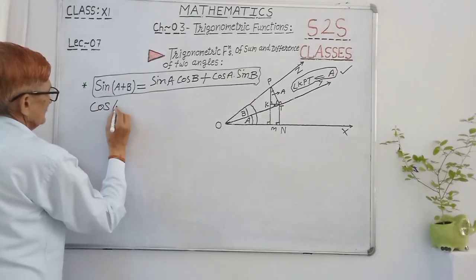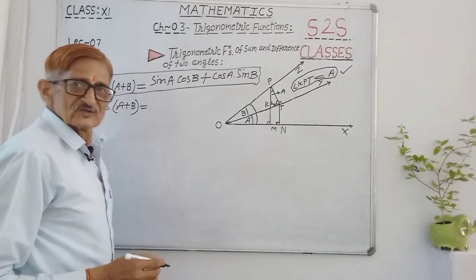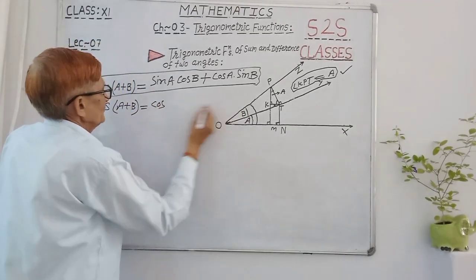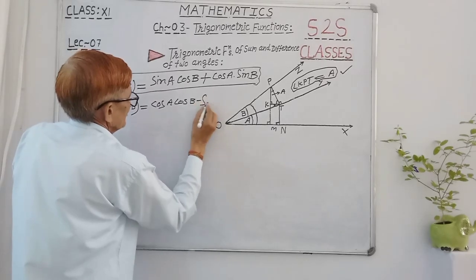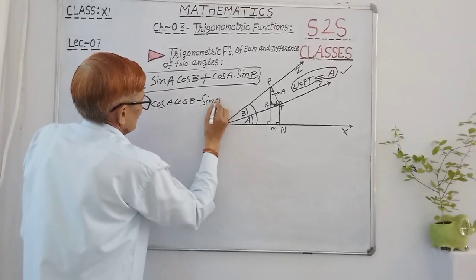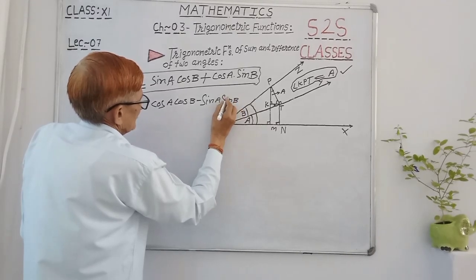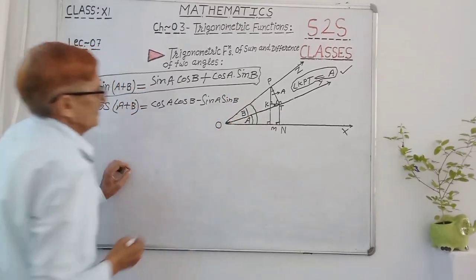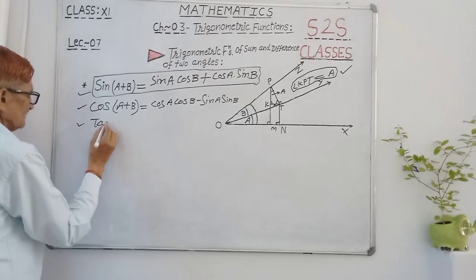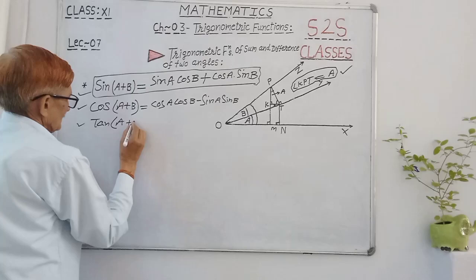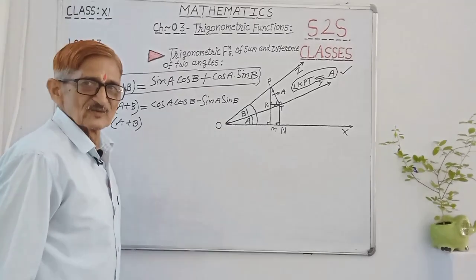So cos of A plus B we can prove by the same figure: cos A cos B minus sin A into sin B. After that, third, tan of A plus B also by the same figure, starting with tan theta as opposite upon adjacent.